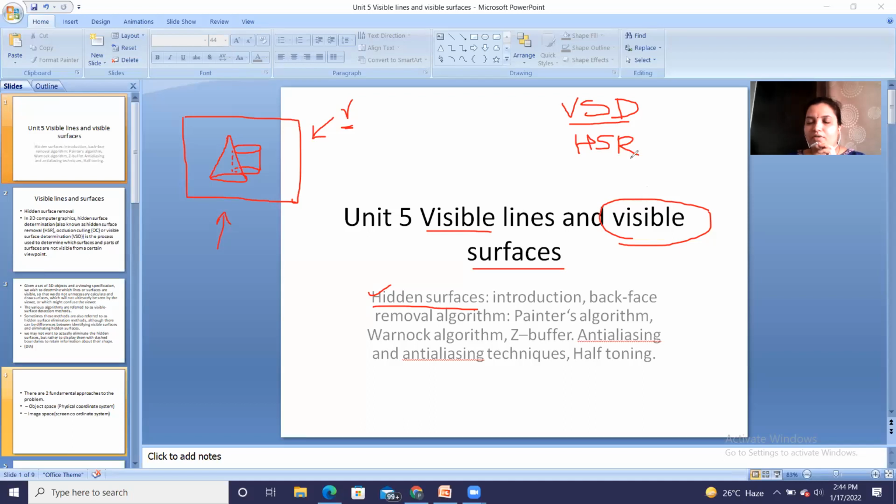Now, why is it required to remove such hidden portions? Can you guess? What can be the benefit of removing such portions?